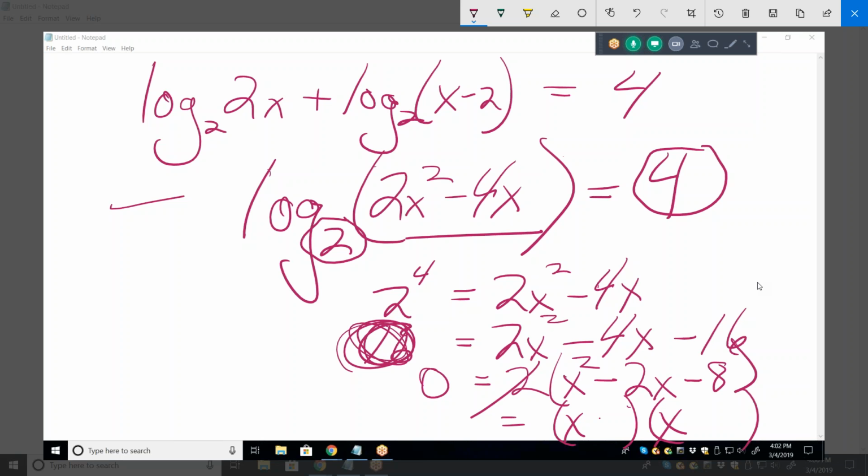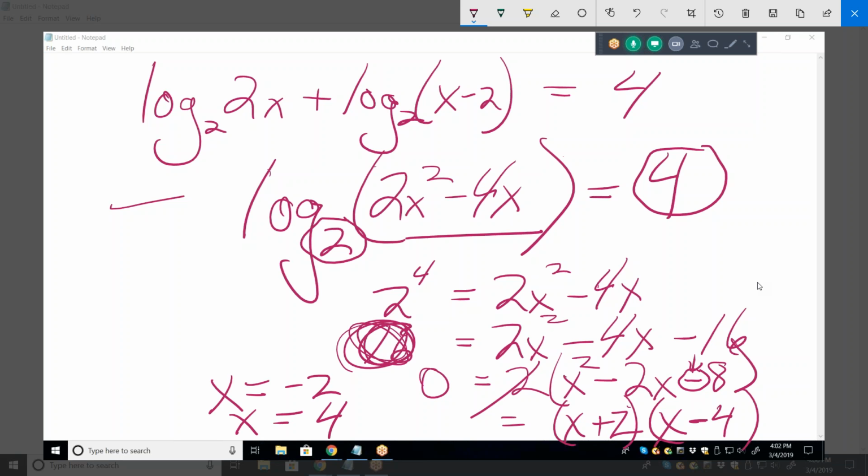That sign right there tells you it has to be positive and negative. Signs have to be different. And now, factors of 8 that subtract to the number 2. 4 and 2. Okay, so what are my solutions? x equals negative 2 and x equals 4.